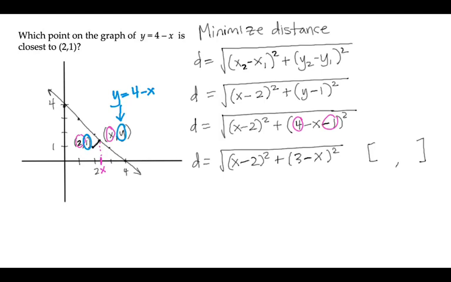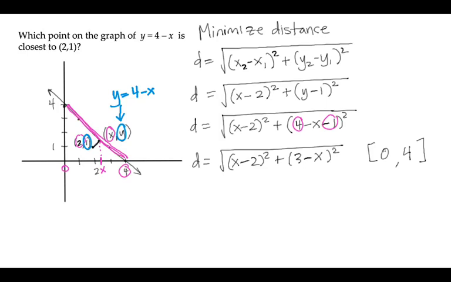We just need to put some limits on that. Clearly this point is somewhere along this line in the first quadrant. Those x-coordinates cover x equals 0 to x equals 4. So I'm just going to pick that as my interval. So x is somewhere between 0 and 4. That's obviously going to be where the closest point is.